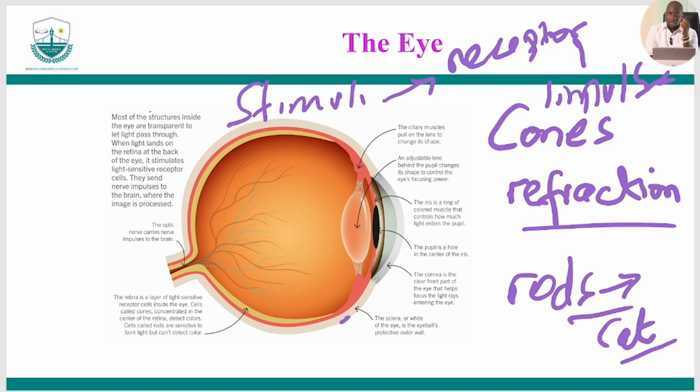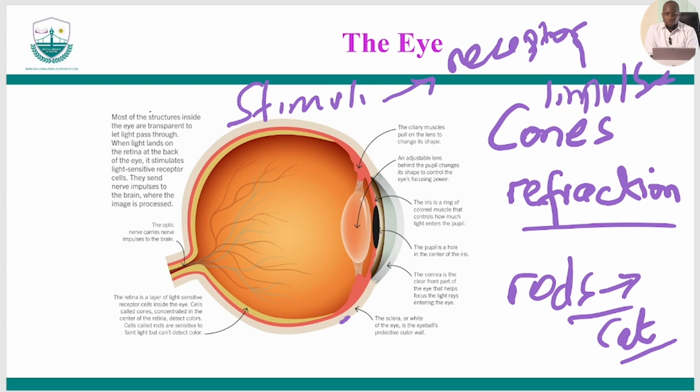That dark or brown part is because of the iris. It is basically a ring of muscle. It also plays an important role in controlling the amount of light that enters the eye. And then the pupil is the hole at the center of the iris. This also has a role in controlling the amount of light that enters.